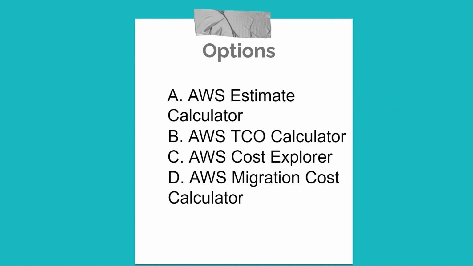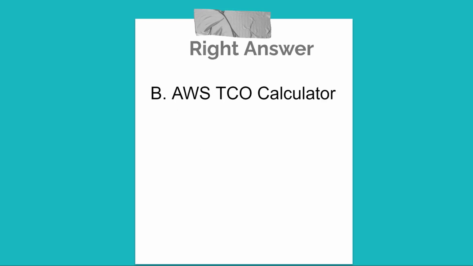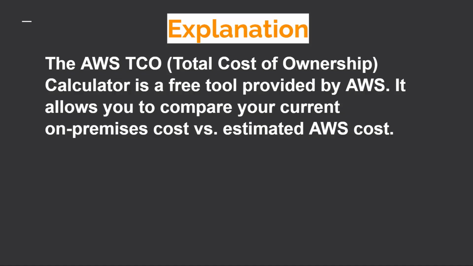A. AWS Estimate Calculator, B. AWS TCO Calculator, C. AWS Cost Explorer, D. AWS Migration Cost Calculator. Right answer is B. AWS TCO Calculator. Explanation. The AWS TCO, Total Cost of Ownership, Calculator is a free tool provided by AWS. It allows you to compare your current on-premises cost vs estimated AWS cost.